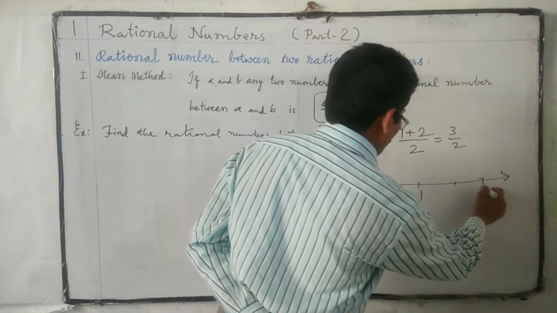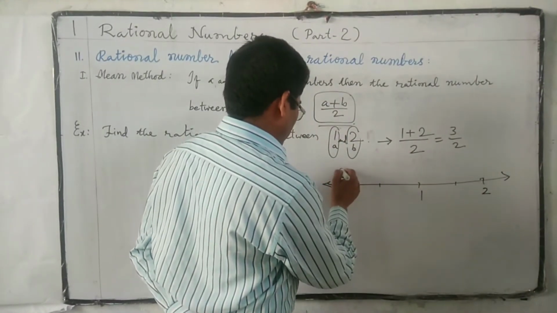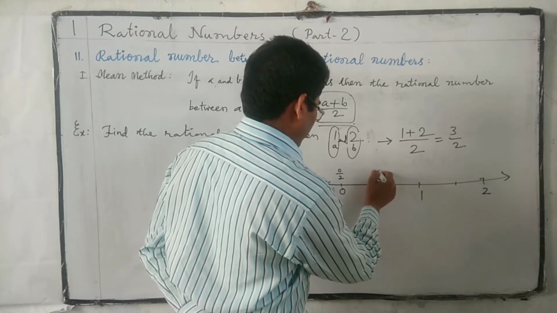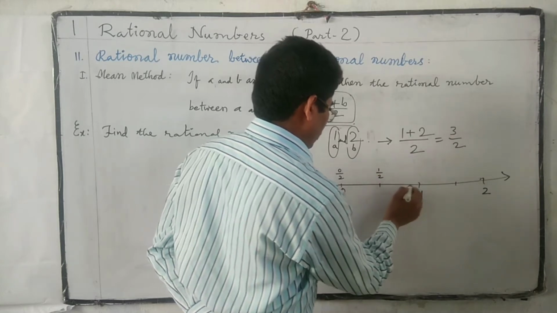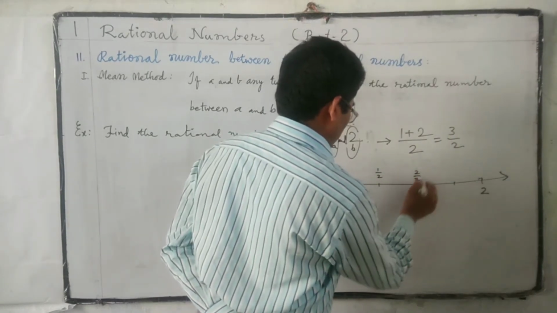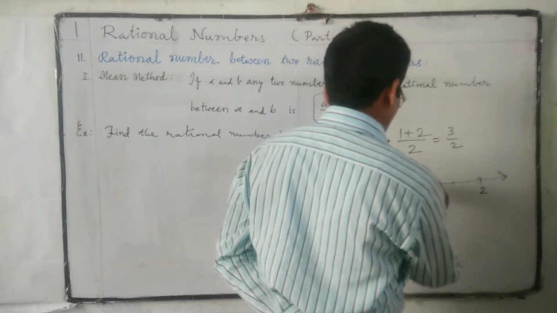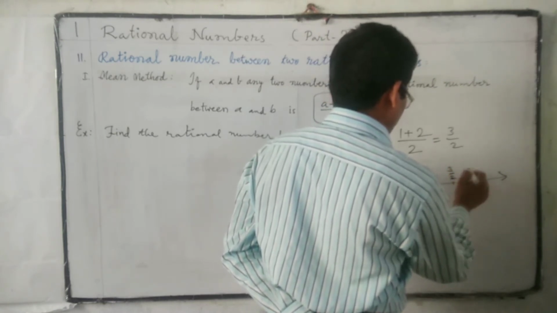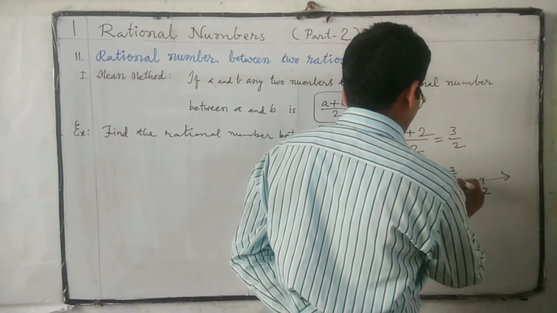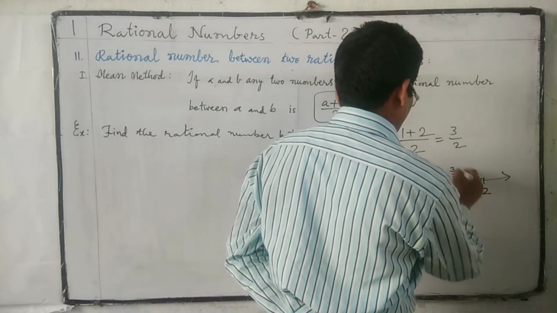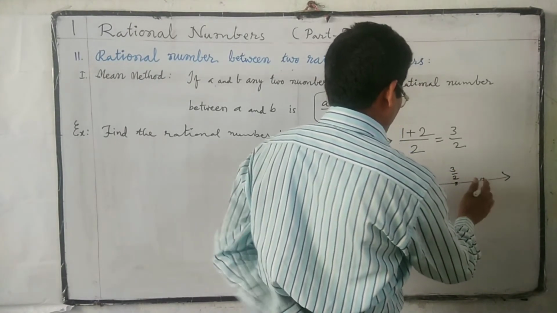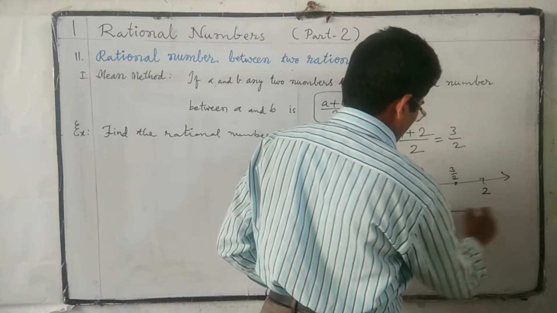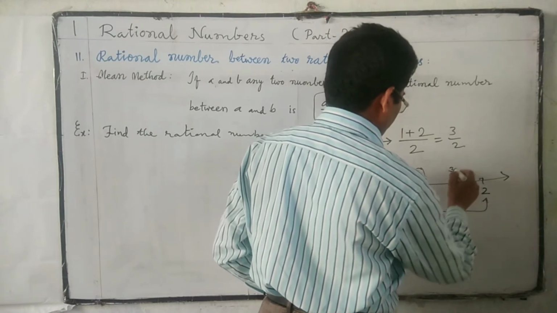This is 0 by 2, 1 by 2, 2 by 2, and 2 by 2 is nothing but 1, then 3 by 2. This is the rational number between 1 and 2.